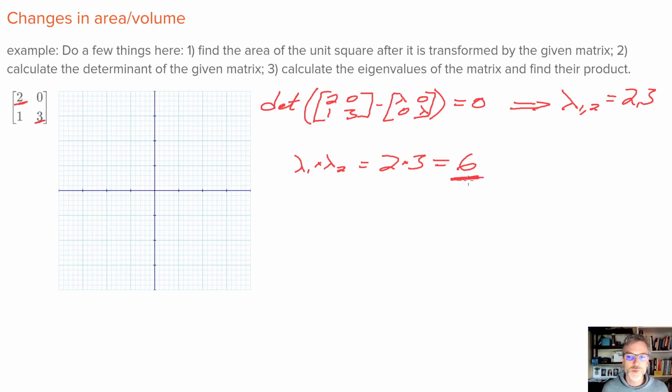As we'll see time and again, this isn't a coincidence. This is like the fundamental property of matrices. This idea of an eigenvalue and an eigenvector. These are intimately tied together with the change in the area of that unit square, or unit cube in higher dimensional space, under multiplication by that matrix.